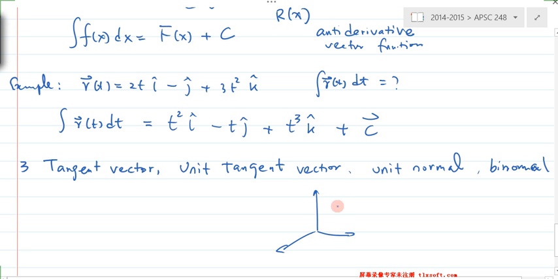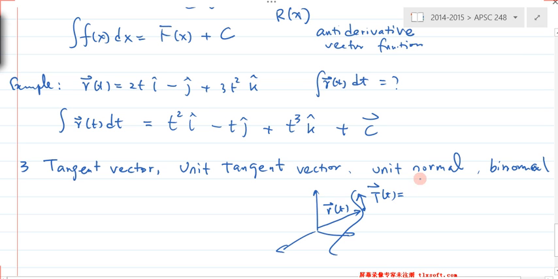So if I have a curve in the 3D space, and this is my position vector here, then at that particular point you calculate the derivative of this r of t.